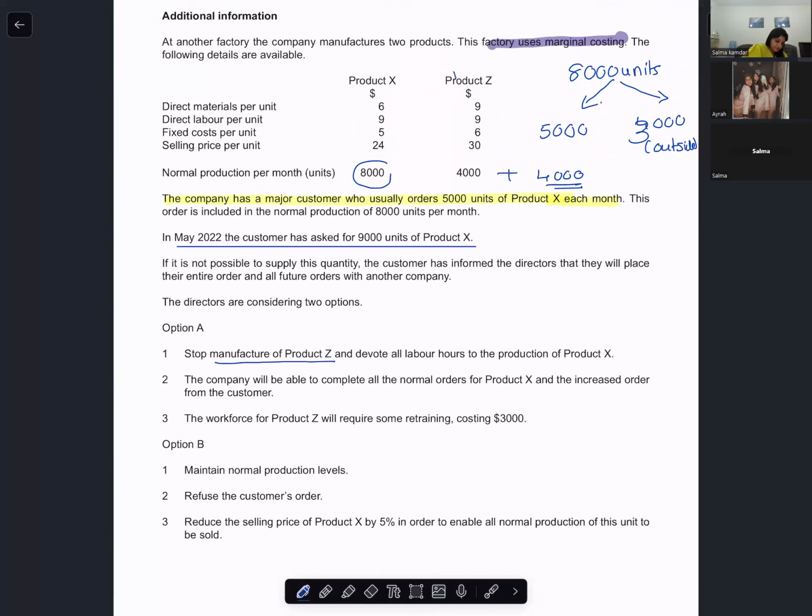In option A, stop manufacture of product Z and devote all labor hours to the production of product X. So I will not manufacture product Z. How many labor hours do I have? Labor hour per unit is 9 and normal production is 4,000.